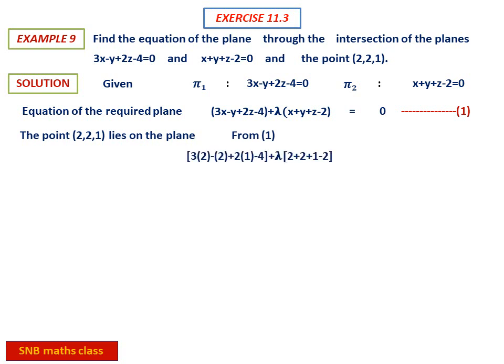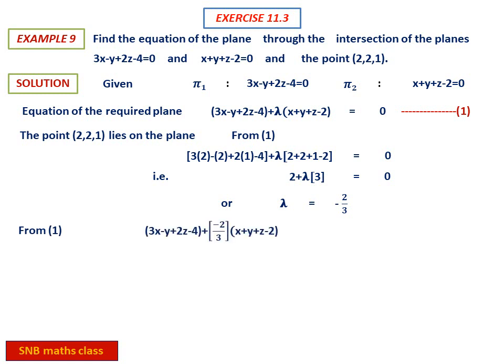So from 1, we get 3 into 2 minus 2 plus 2 into 1 minus 4 in the first bracket. Similarly, in the second bracket, you substitute the values, so you get this equal to 0. After simplification, you get 2 plus 3 lambda equal to 0, so lambda will be equal to minus 2 by 3.